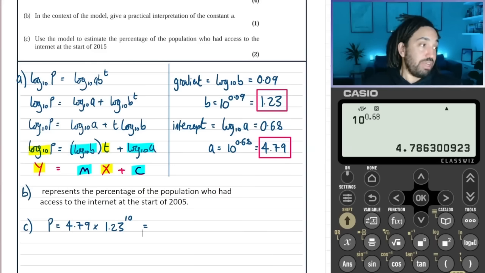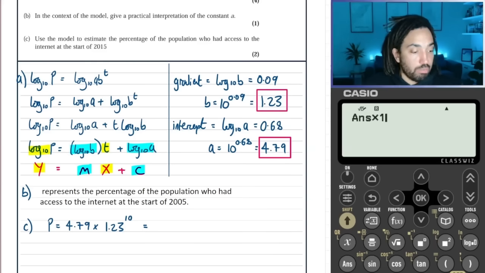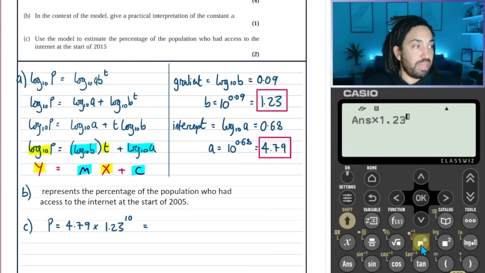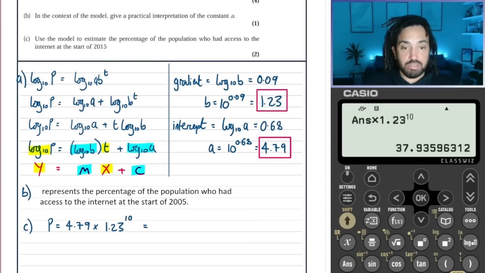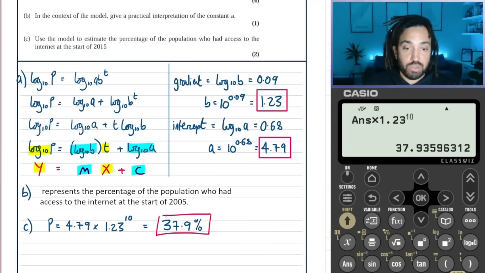So we take this amount, we might as well just take the whole amount and times it by 1.23 to the power of 10. Okay, great. And to estimate the percentage, we get 37.9%. And given that it doesn't say what to give it to, we'll do it to 3 significant figures for our final answer.